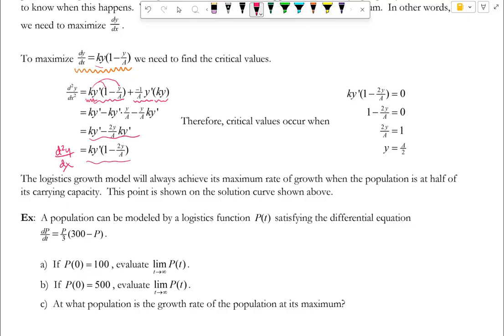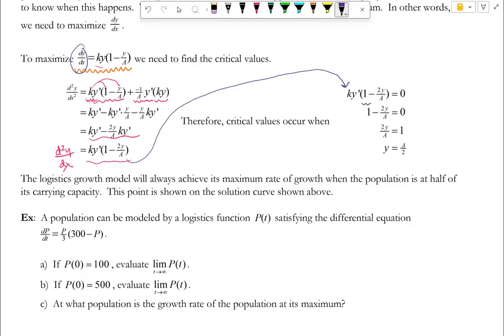So again, if I'm finding critical values of dy/dx, that's going to occur when the derivative of dy/dx is equal to 0. So when I set this equal to 0, I know k times y prime is going to be 0. That is one of my factors. But what I'm really looking for is what y values are going to make this 0.